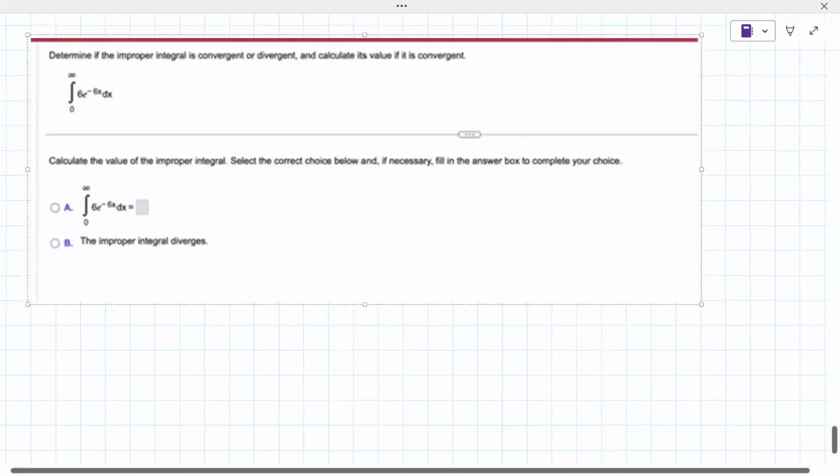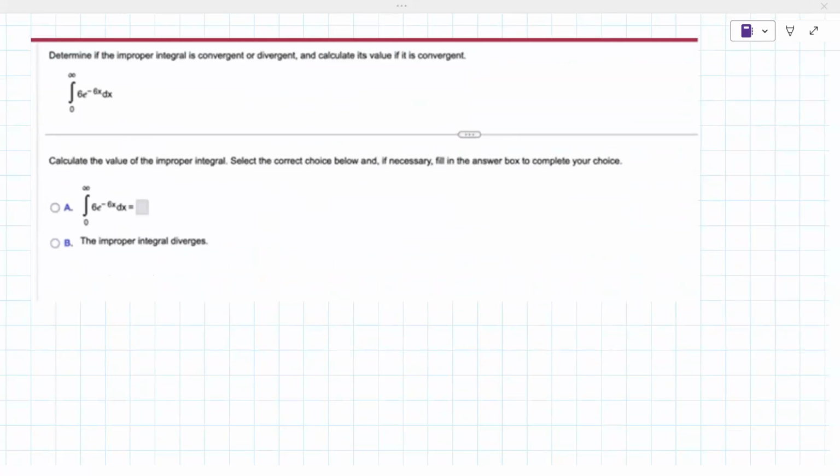Okay, so the next one here does converge. It does have an exact answer, so you'll again be comparing to the multiple choice when you do it on the test.